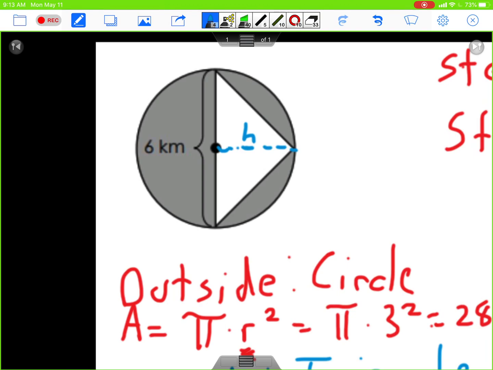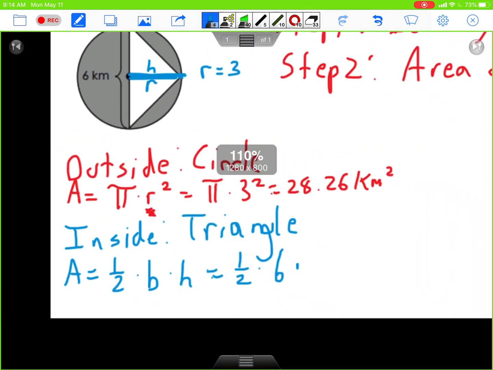If you remember from our circle lesson, a line that goes from the middle to the outside is called the radius. So this line is just the radius of the circle, and we found that before, a radius of 3. Since the radius is 3, the height of that triangle is also 3.